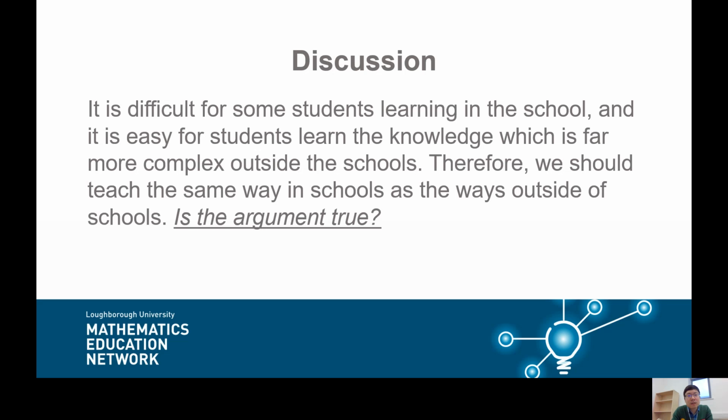It says it is difficult for some students to learn in school, and it is easy for students to learn knowledge which is far more complex outside the school. Therefore, we should teach the same way in schools as outside of schools. So I want to ask everyone, is the argument true, or how should we consider this argument?